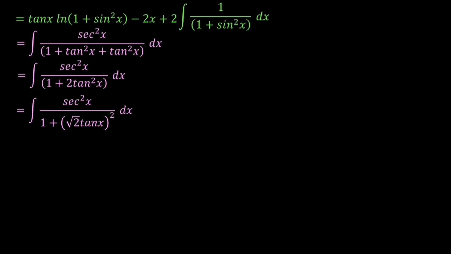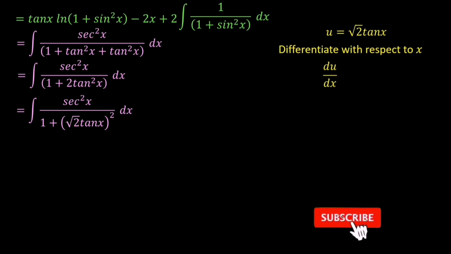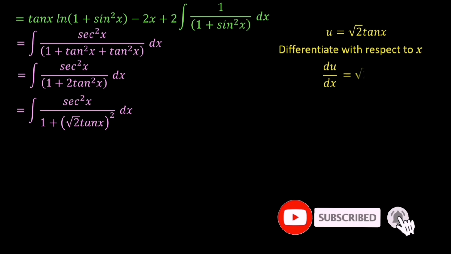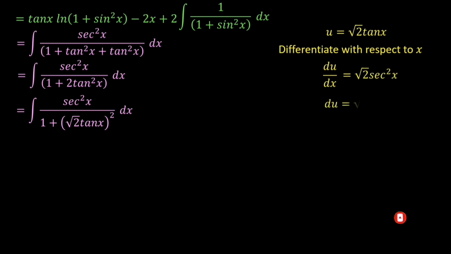We can substitute root 2 tan x as u. Then differentiation with respect to x. Differentiation of u equals du over dx. Differentiation of root 2 into tan x we can write as root 2 into sec² x. Then we can cross multiply the denominator, and we can write dx as du over root 2 sec² x.